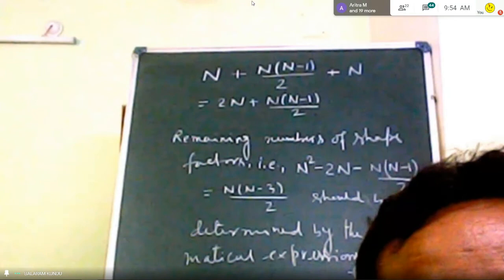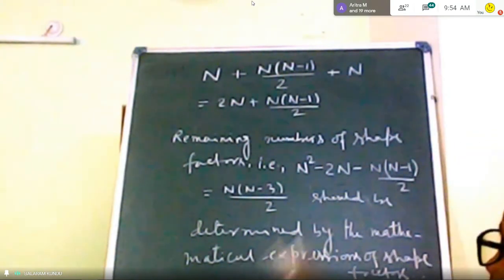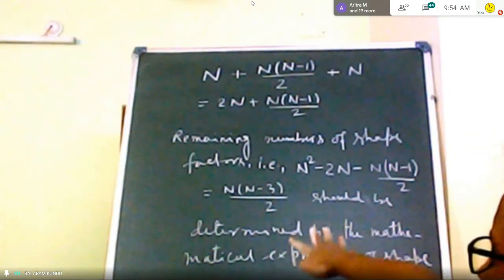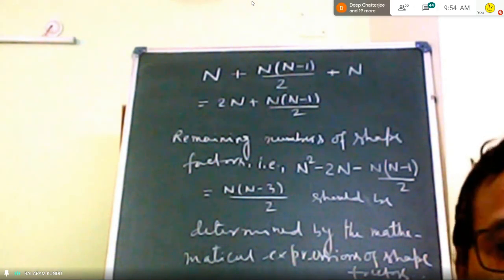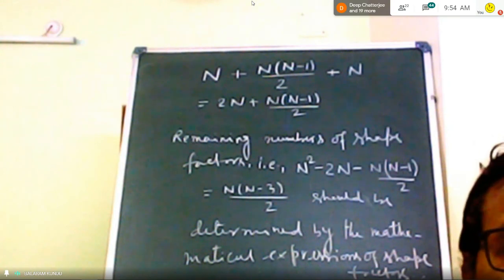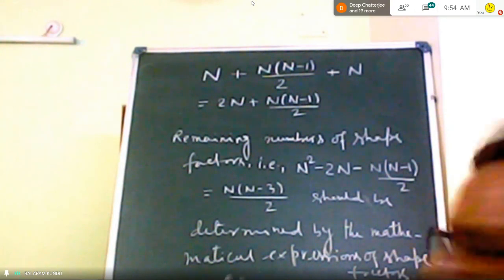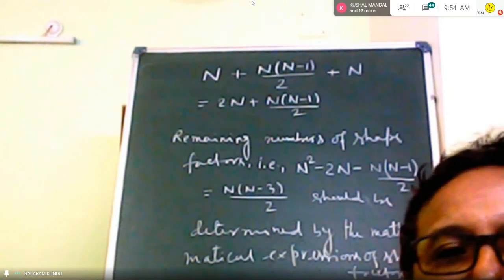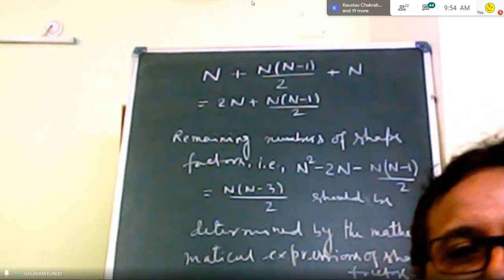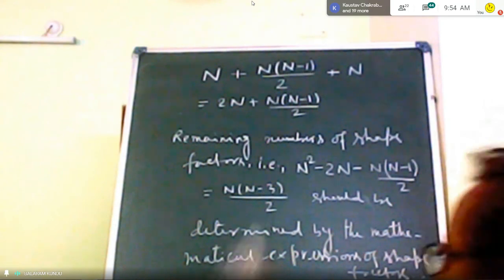হ্যাঁ, রিমেইনিং এটা মানে n into n minus 3/2। এই যে রিমেইনিংটা বলছি যে n into n minus 3 divided by 2, কিন্তু কন্ডিশন ইজ দেয়ার। If all the surfaces are plane, then this. If all the surfaces are not plane, then we have to add another n. So plus n. We have to consider this number plus n.